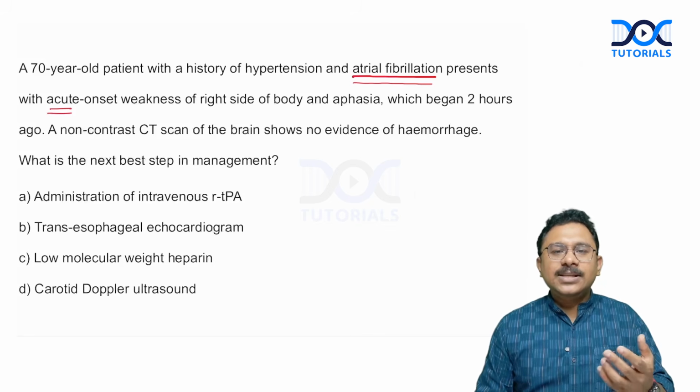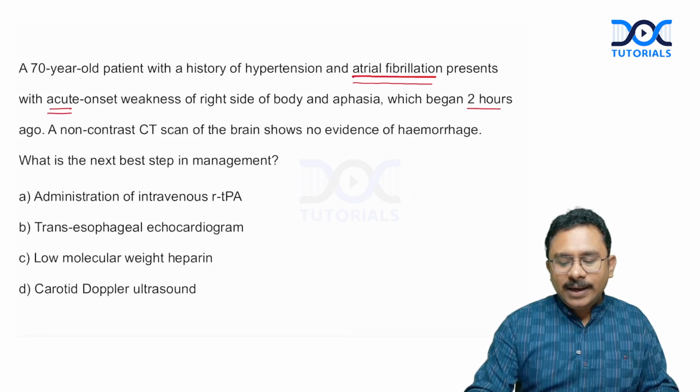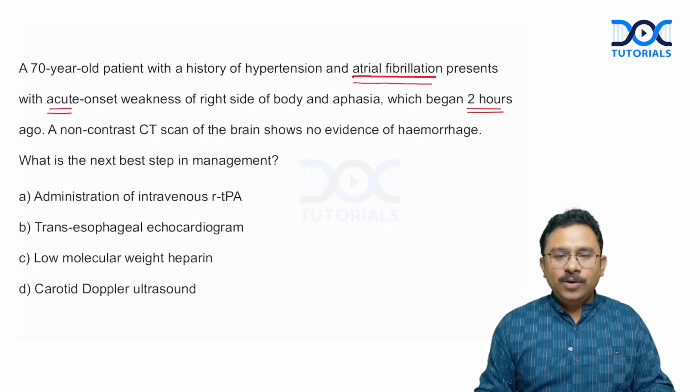So definitely it is likely to be a vascular insult, and the symptoms have begun 2 hours ago, right? That itself is telling me that the patient is in the window period for thrombolysis, and definitely revascularization is possible. The non-contrast CT shows no evidence of hemorrhage.